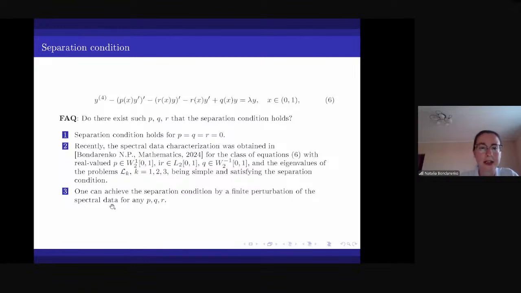Moreover, if we have any coefficients P, R, and Q, one can choose a finite perturbation of the spectral data, in a special way, so that the separation condition is achieved. So we can take any problem and modify it to achieve the separation condition. So there is a wide class of operators satisfying this condition.